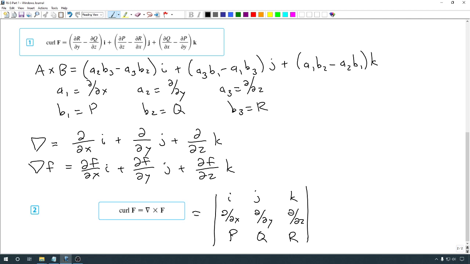The mathematician in me is like, we can't do that, but the point here is less that this is specifically a determinant of something, and more that this is a lot easier to remember the format of the curl in this way. And this is the way I'm going to approach doing all the problems.